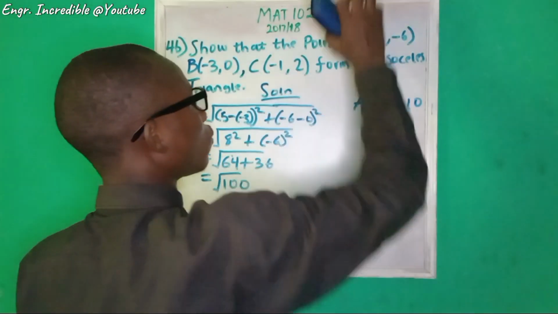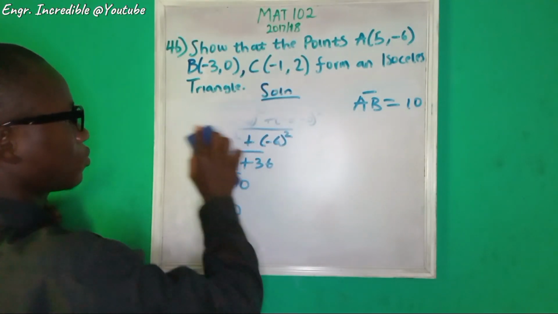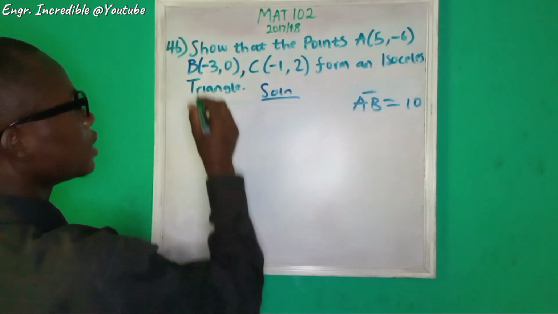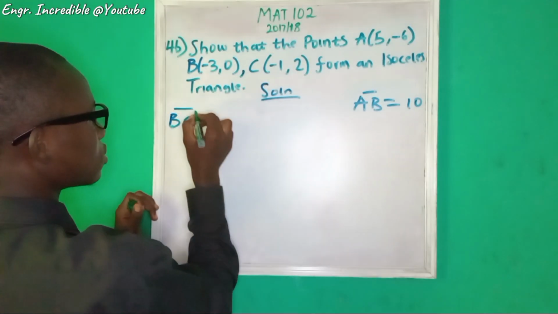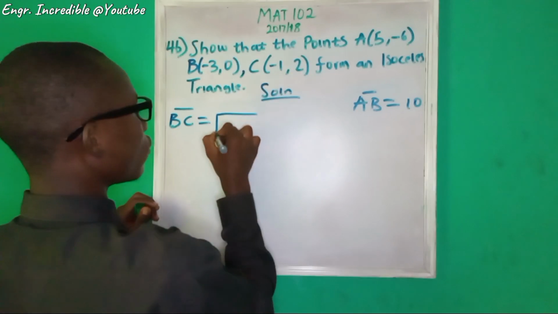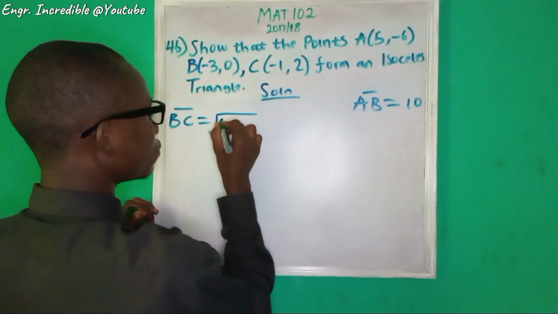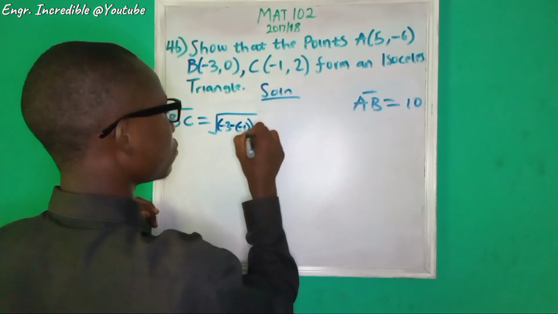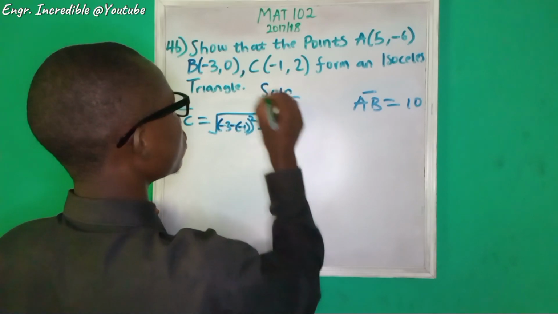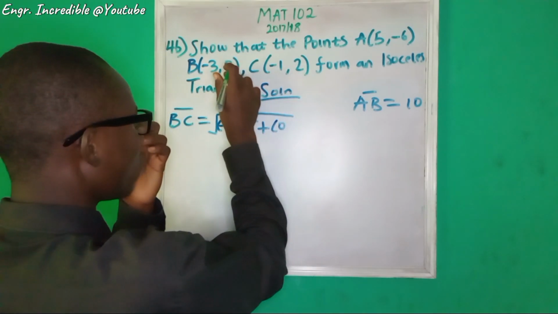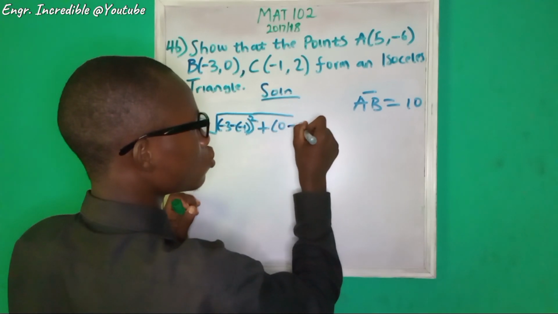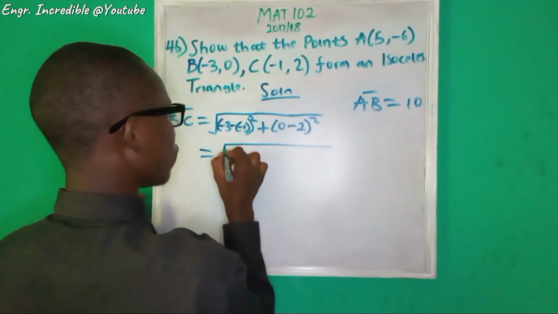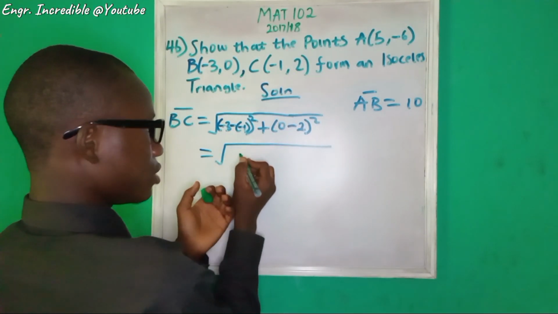So now let's find line BC. Our line BC is equal to the square root of minus 3 minus the minus 1 here, then we square it, plus the 0, that is the second one, minus the 2, then we square it. Let me break this down a little bit.